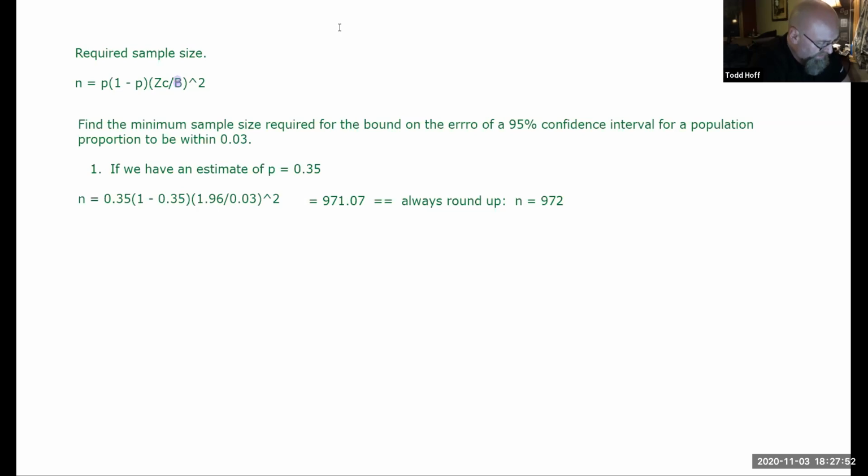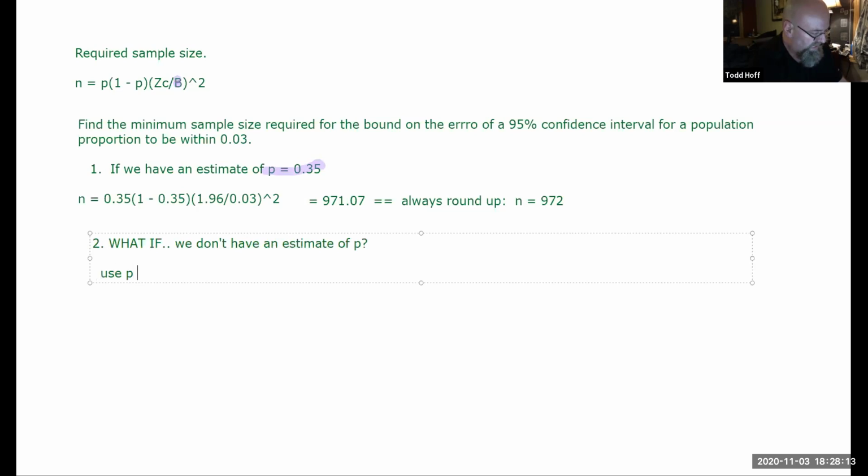Well, that was if we had this estimate of p. What if we don't have an estimate of p? Well, then we use p equals 0.5.